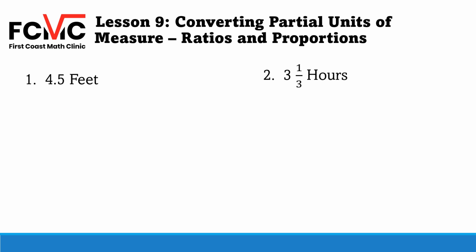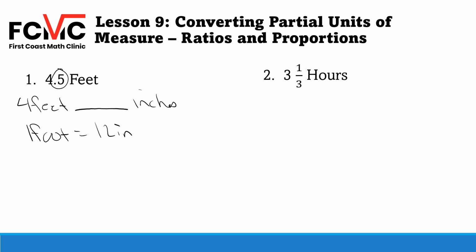Okay, so for number 1, we've got 4.5 feet. So we know we've got 4 whole feet, and we've got that 0.5 feet remaining. Well, we want to convert that to inches. We know that 1 foot is 12 inches. I'm just going to go through the math just so everybody sees exactly what we're doing.